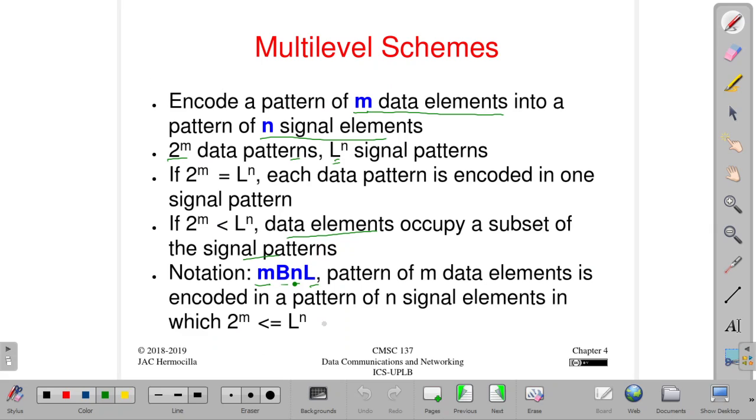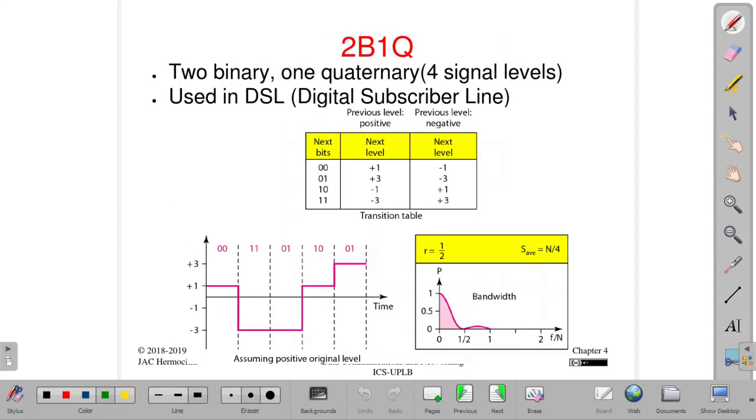So let's take a look at an example of a multi-level scheme called 2B1Q. It means 2 binary, 1 quaternary, which is 4 signal levels. This is used in DSL.